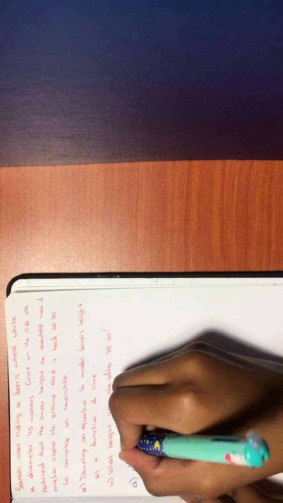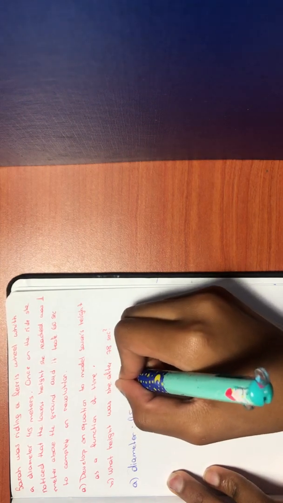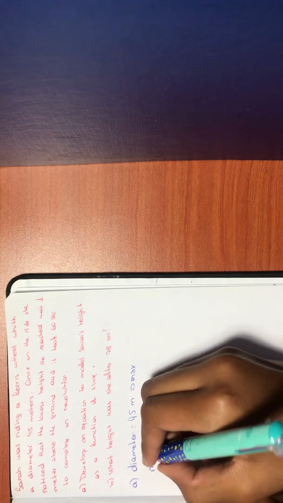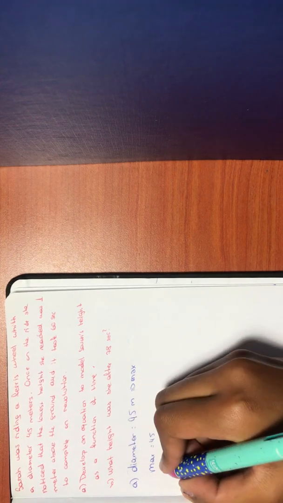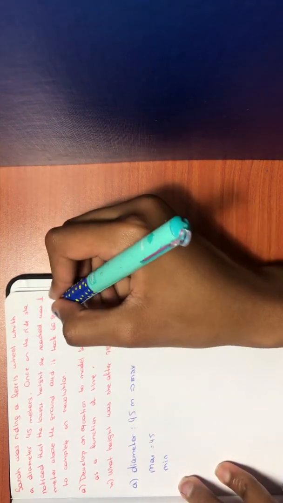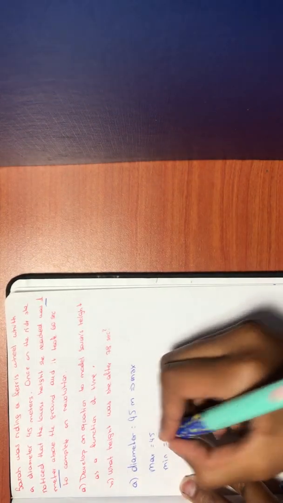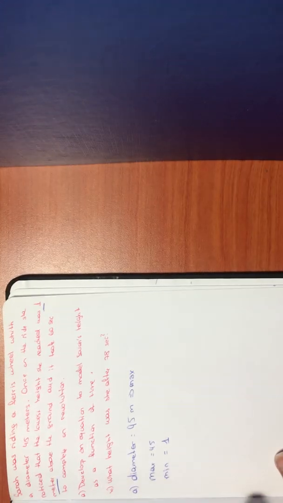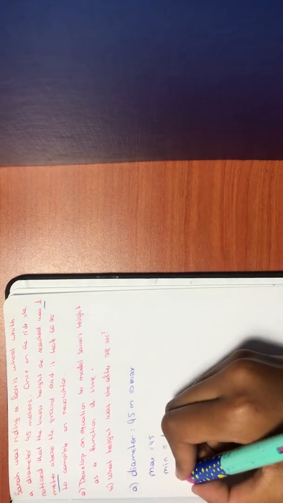So I know that the diameter is 45 meters, which is also my maximum height. So therefore my max is 45, and then my min, as they say here, is 1 meter above the ground, so it's 1. So with that, I can calculate my amplitude and my vertical translation.